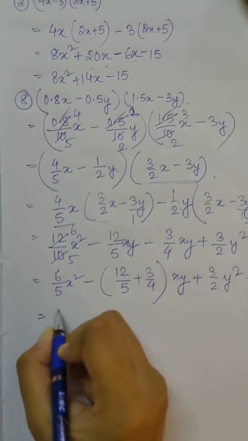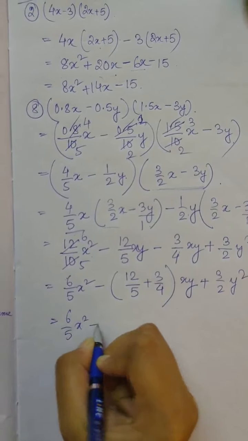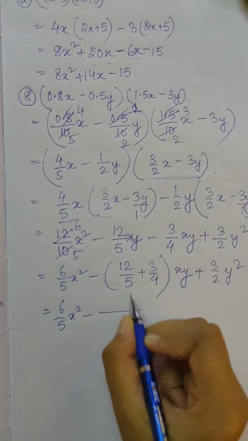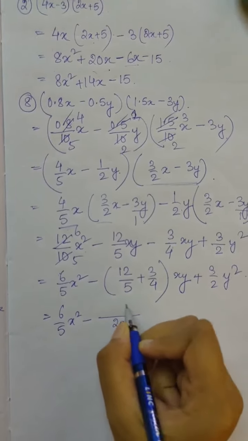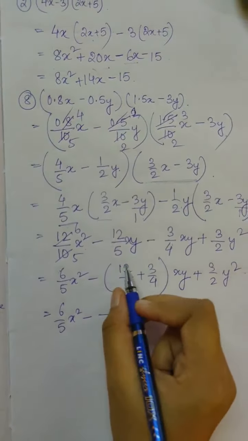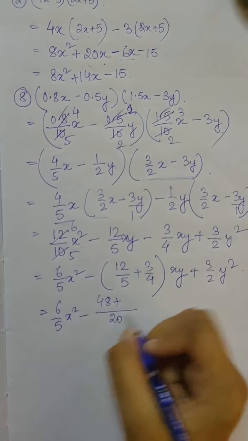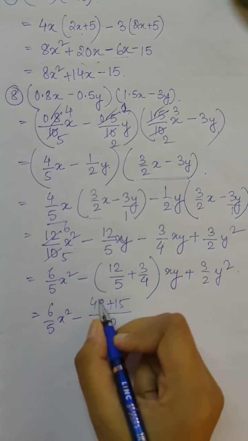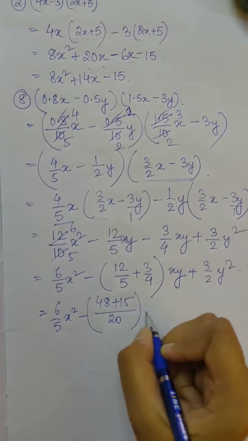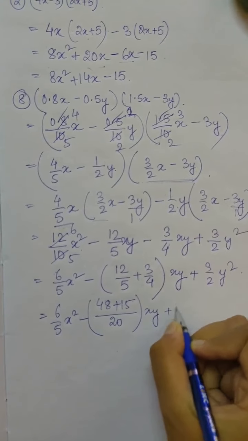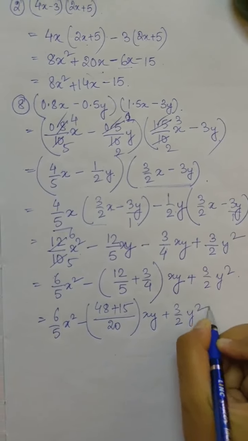Now simplifying this, we need to add up these two. So 5 into 4 is 20. So this gives us 12, 4, 48. And then 4, 5, 20, 5, 3, 15. So 48 plus 15 we are having, then xy plus 3 by 2 y square.